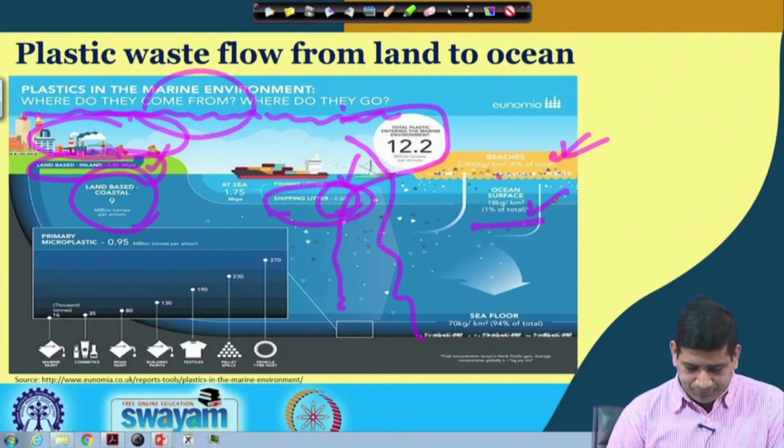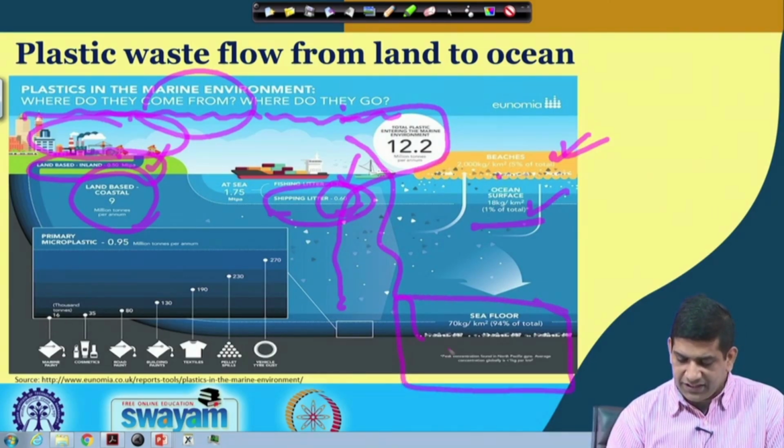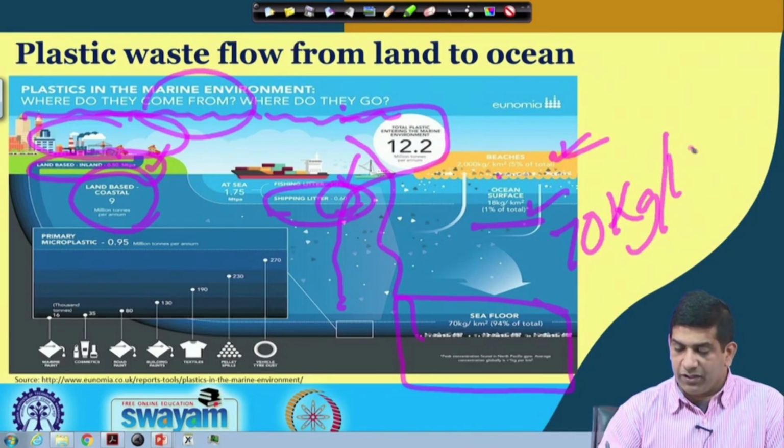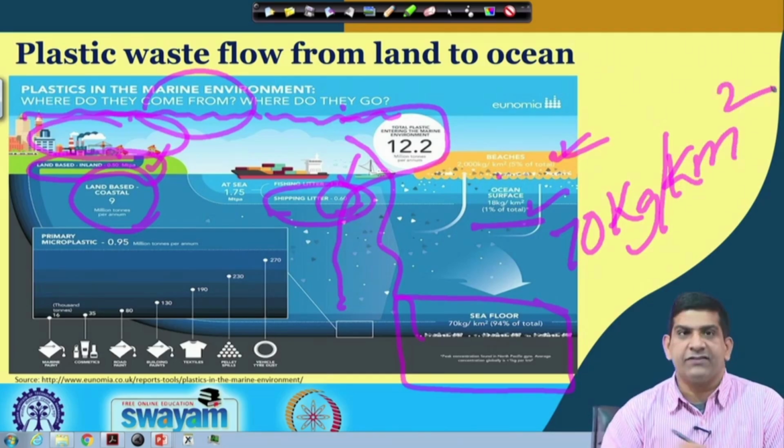Then at the sea floor, most of which is actually acting as a sink, the concentration is 70 kg per square kilometer. So that is what is there on the sea floor. Lots of plastics on the sea floor. So 70 kg per square kilometer, which is close to 94%.